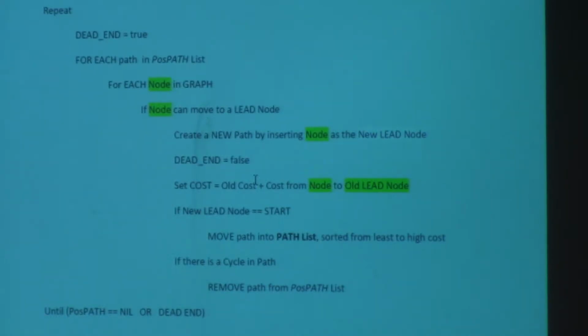So if the new lead node is equal to start, move the path into the path list. Okay? Sorted from least to high cost. That means insert it into a list of already done paths so that it fits in an ascending list of paths by cost.